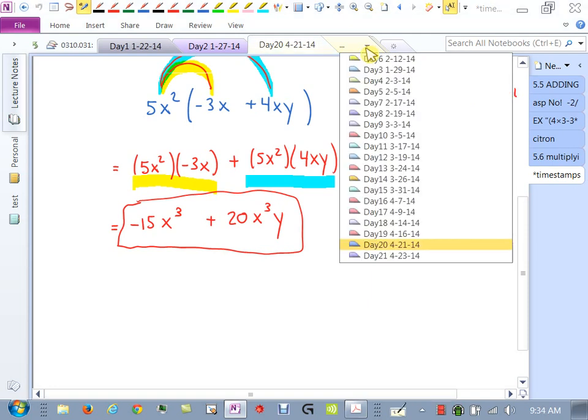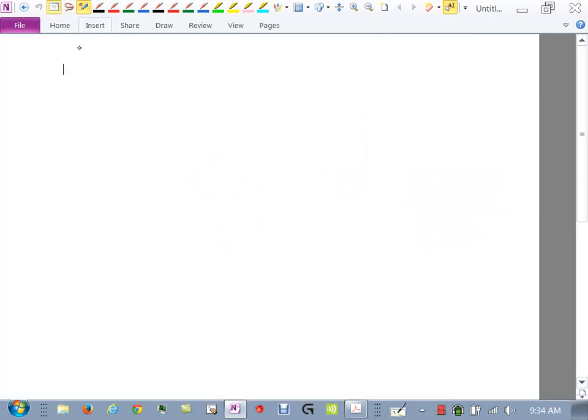So let's take a look now at a monomial times a trinomial now. Try and stay somewhat consistent with what the book's giving you.